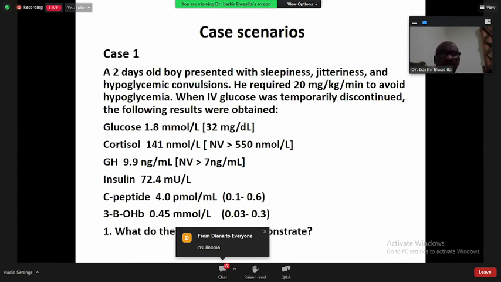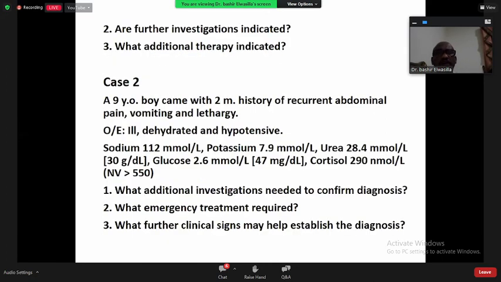You might find some cortisol deficiency, although you might need to do further testing of the pituitary pathway to make sure there are no other issues with this low level of cortisol. Growth hormone is normal. Are further investigations indicated? Yes, we'll check the cortisol level, and we go for STH stimulation and see what it is.